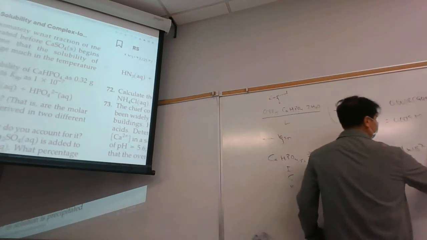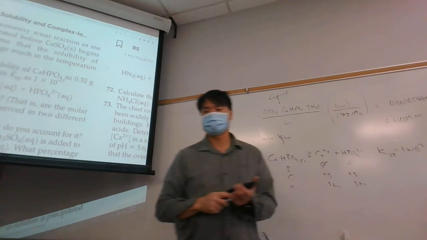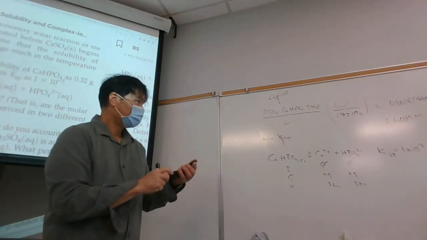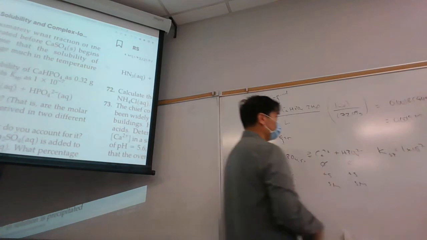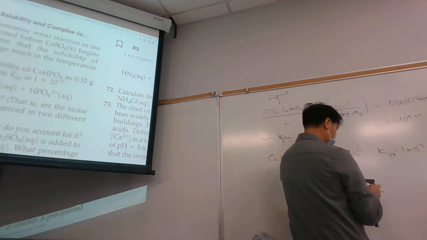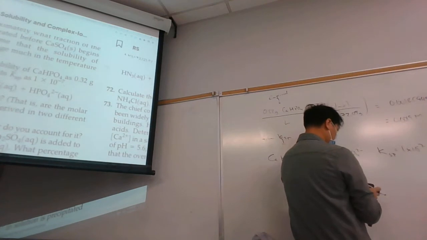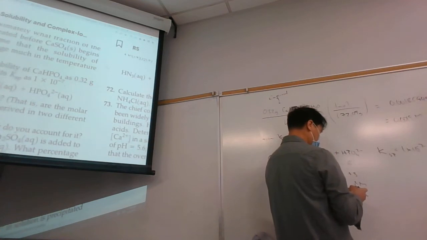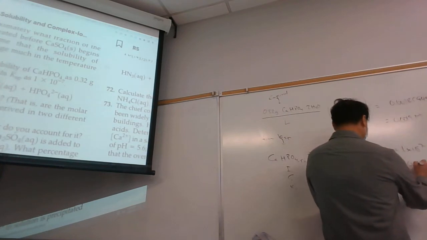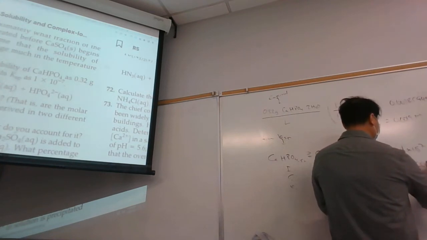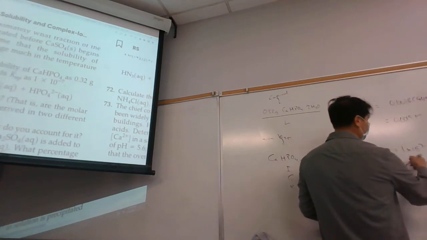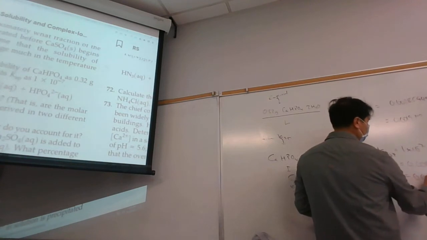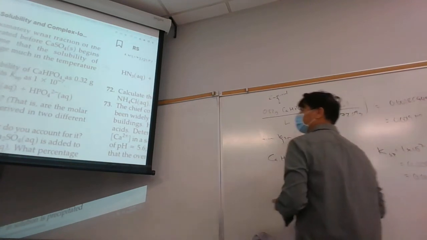Right? And so this will give us S squared. So the solubility is just the square root of this. So the square root of 1 times 10 to the minus 7 is 0.0000316 2 molar. Only allowed 1 sig fig there, so I'm just going to go to 0.0003 molar.